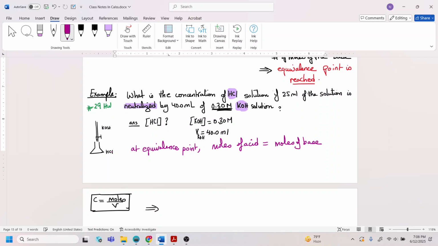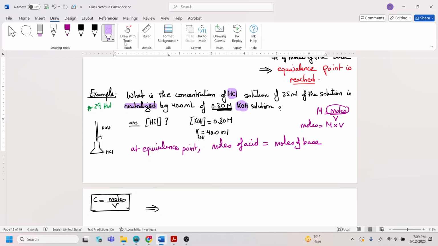Good? And I know that the concentration is equal to the moles divided by the volume, right? So I can develop a mole equation and I can say, okay, the moles are equal to the concentration multiplied by the volume.